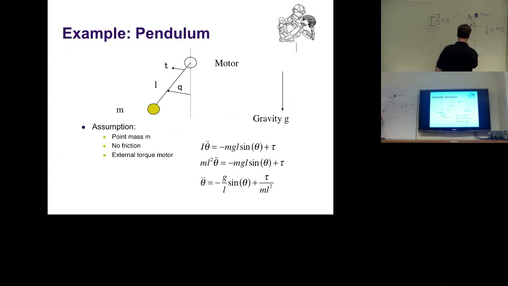So we have here a force, which is F due to gravity. Now, what is that force? F gravity is the mass times a moment arm. So the moment arm here is essentially that distance from the motor. So what is that? This is the length of that pendulum times what?